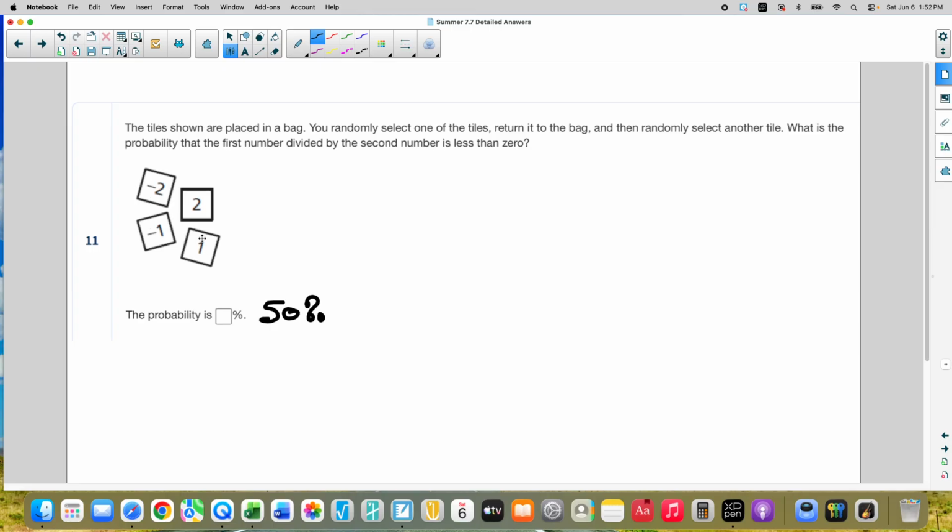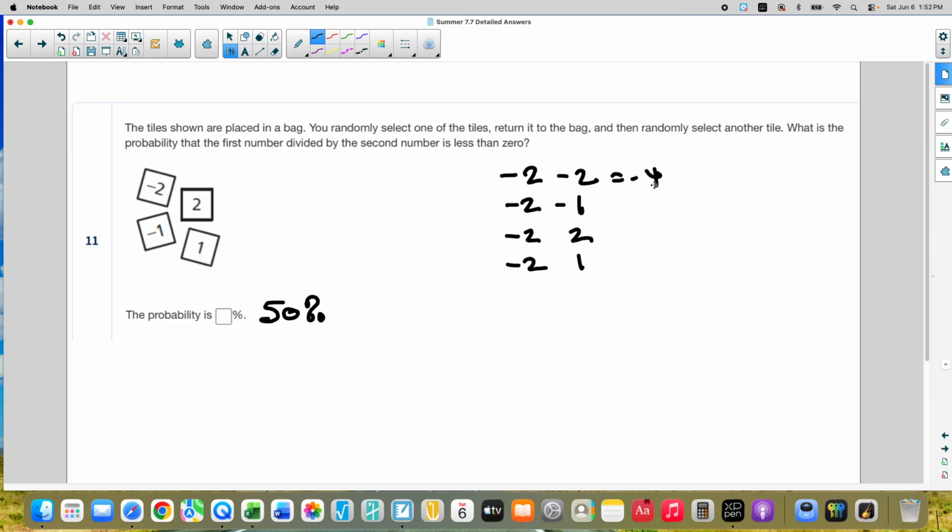So I think that number is less than 0. Well, let's think about that a little bit further. So let's do the combinations. Well, you have 4, so you have 16 combinations. So you have -2, -2, you have -2, -1, you have -2, 2, you have -2, 1.